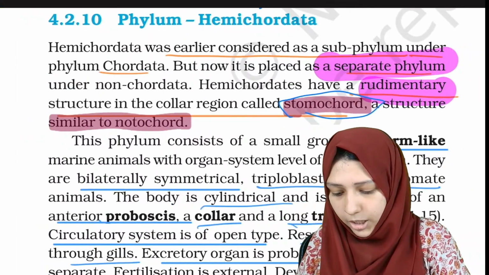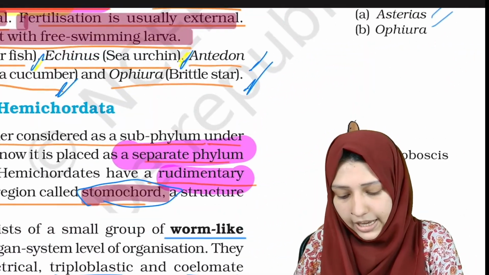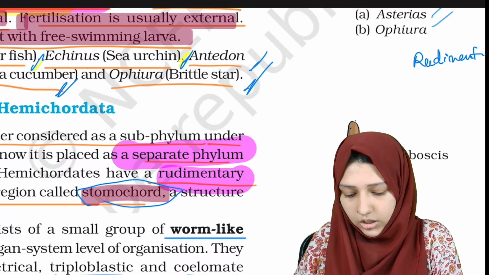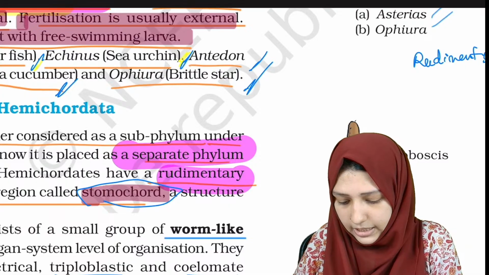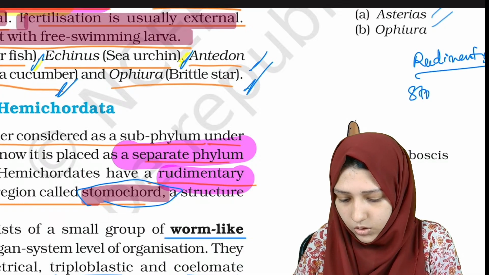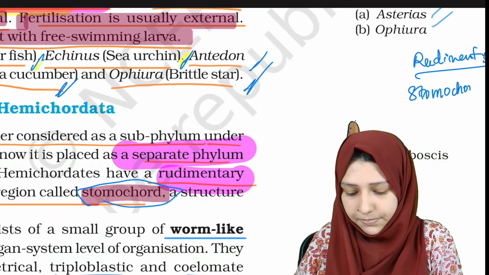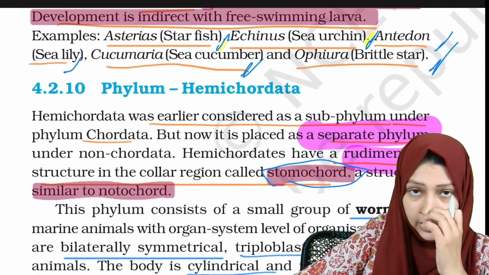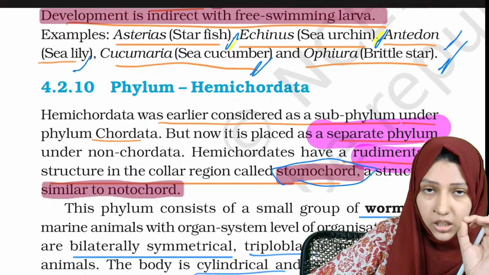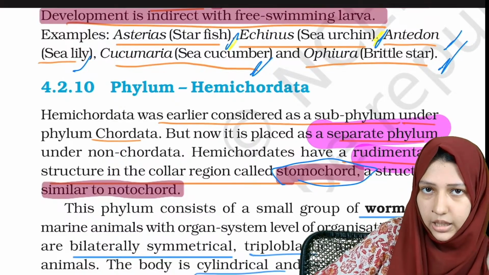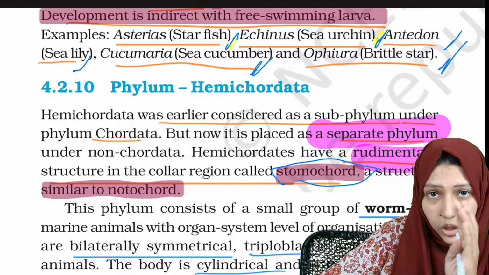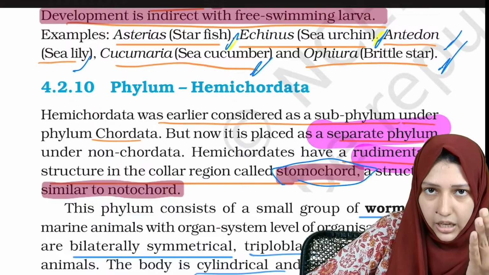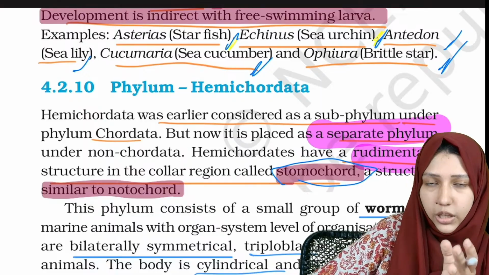The phylum Hemichordata has a rudimentary structure known as the stomochord, which looks like a notochord. This is present in Hemichordata, so they are known as hemi. Hemi means half. Hemichordata. They are not Chordata yet, but they are kind of Chordata, so they are Hemichordata.